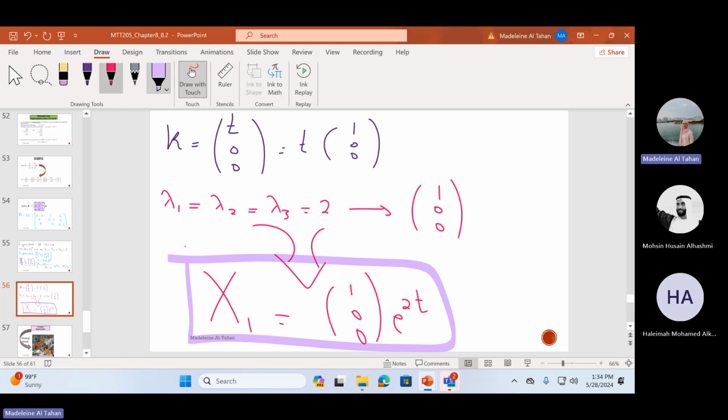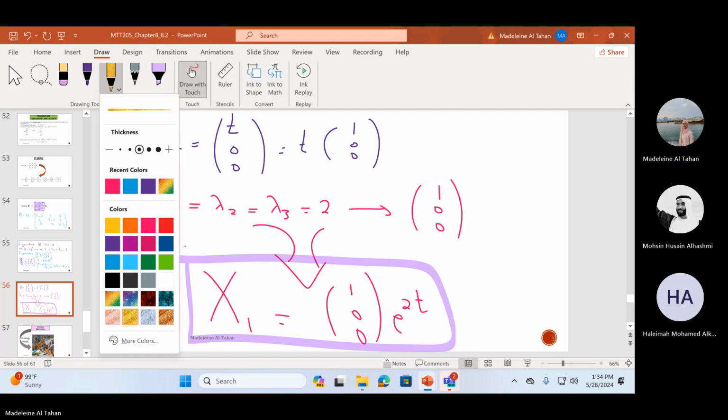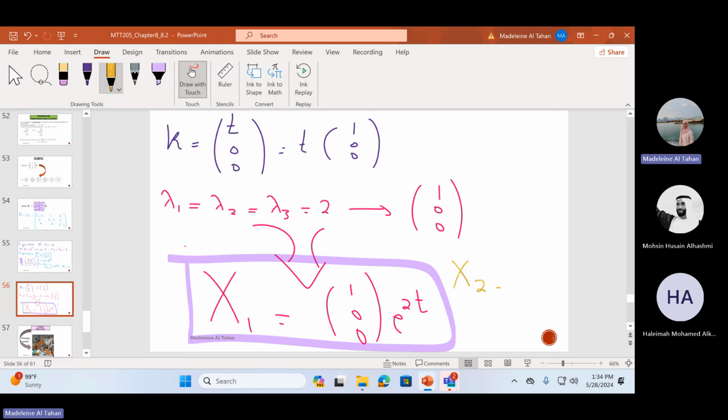So we have here x1. What do we need to find? X2. At the moment, we need to find x2, which has the same steps as the previous.